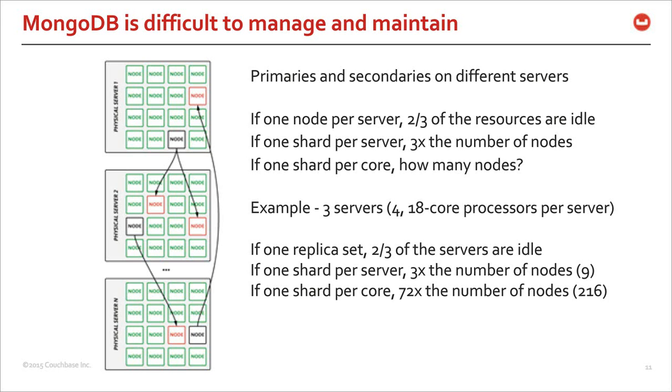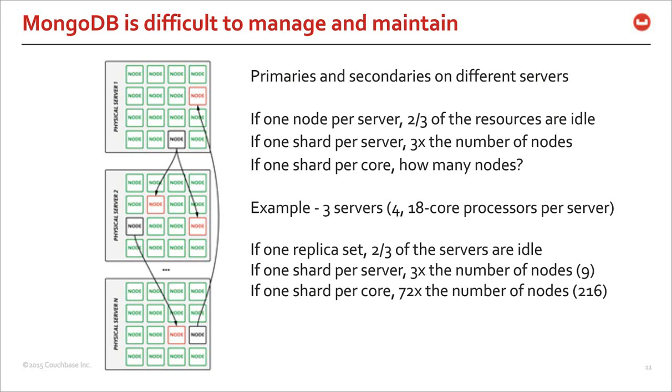If you approach this from more of a default perspective, you might run a primary on one of these servers and a secondary on each of the other 2. But you start to have some issues there, in that you're only using about a third of your resources. You have all of these cores and all of this memory, but your application is essentially using just 1/3 of it. It's using just that one server.